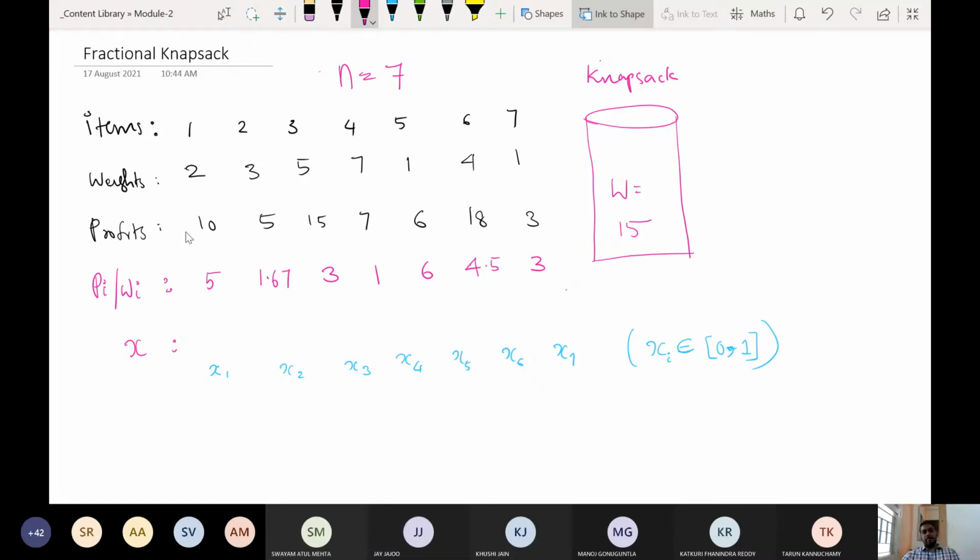That is one idea, because you can get the maximum profit. So what we are looking at is getting the maximum profit. So the maximum profit item you take first. Here, as per this example, the maximum profit item is item number 6, which gives you 18 rupees. Let us assume that these are in rupees or dollars or whatever you can imagine. 18 rupees you will get.